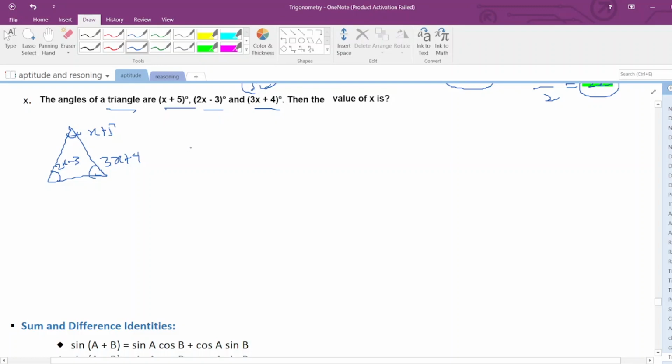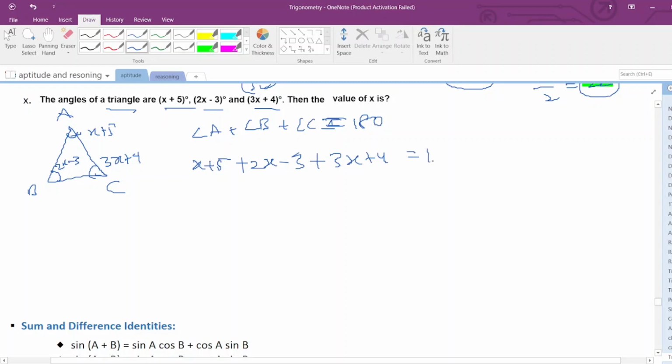In a triangle, all interior angles, let's talk about A, B, C. In a triangle, all the angles add up to 180 degrees. That we already know, we learned in the school days, right? So you have to add all the angles. x+5, 2x-3 plus 3x+4 is equal to 180.